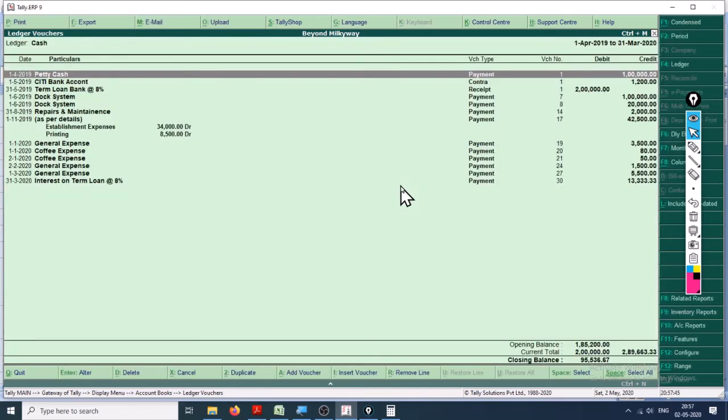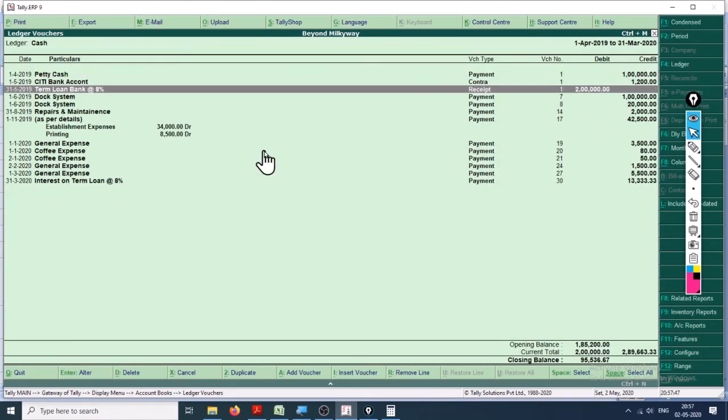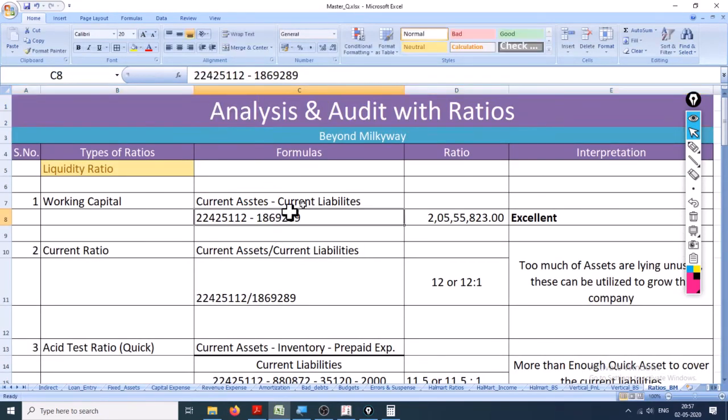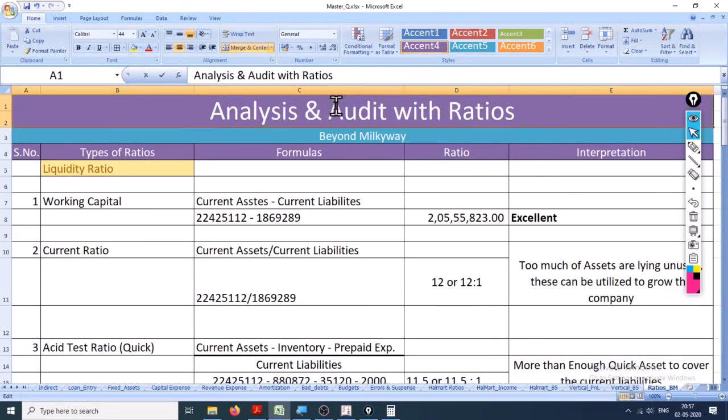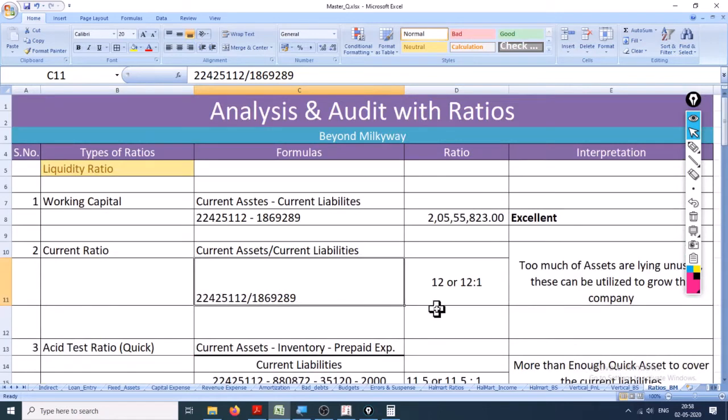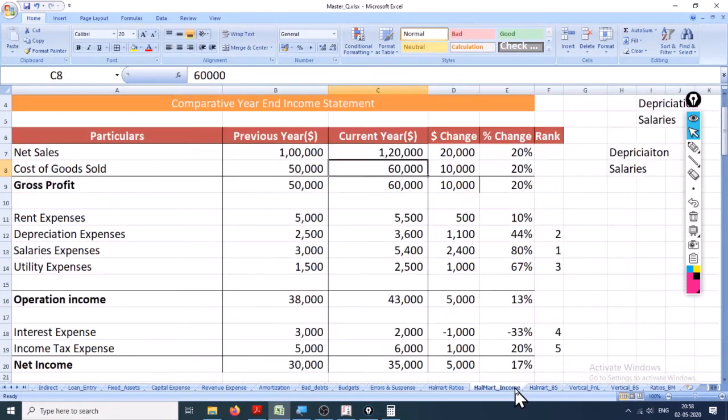This is how you do the audit part. So analysis goes hand in hand with audit, and if there is no audit, there is no point in analyzing. So we are done with the analysis here.